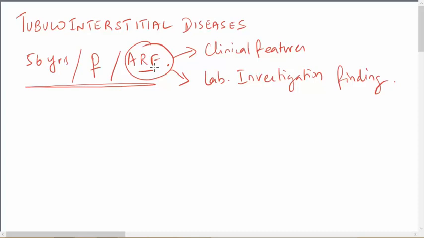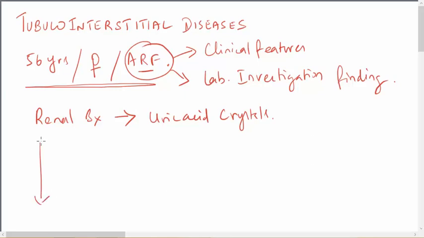The patient is in ARF, and here they have given a renal biopsy finding. What is that? They're telling that uric acid crystals, and they gave 4 diseases, and they are asking what is the cause of uric acid crystal.